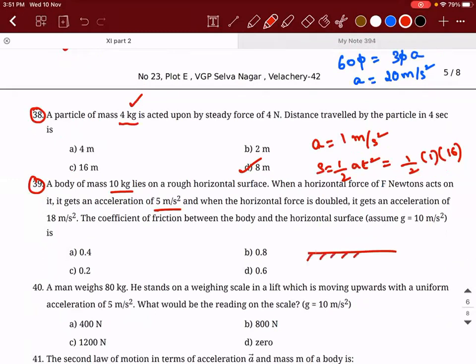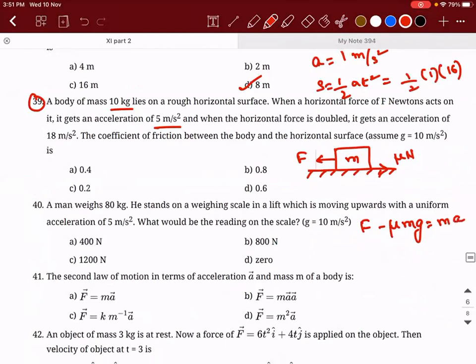In the first case, if the force F Newton is applied, there is a friction of mu N acting. Mass of the body is the same, mg. So in the first case, F minus mu mg is equal to m into a. In the second case, 2F minus mu mg is equal to m into a dash.